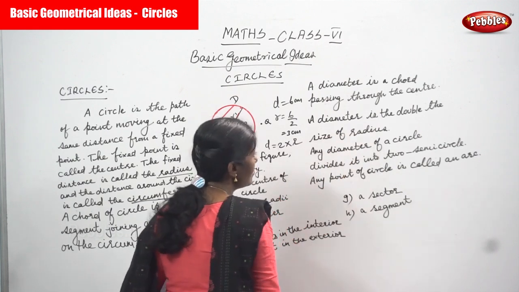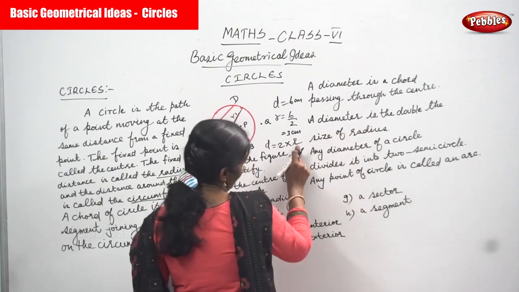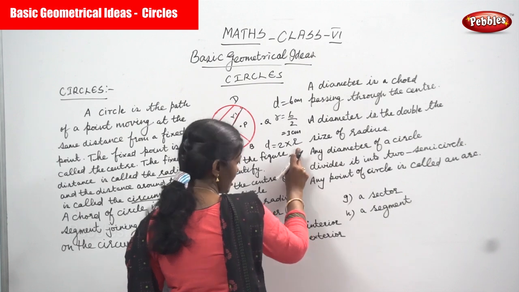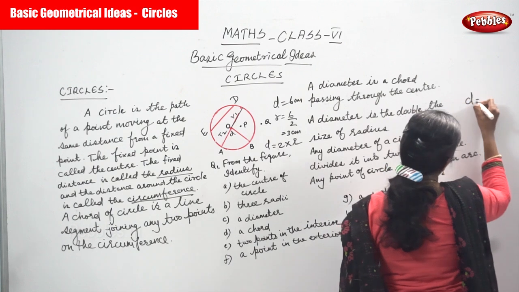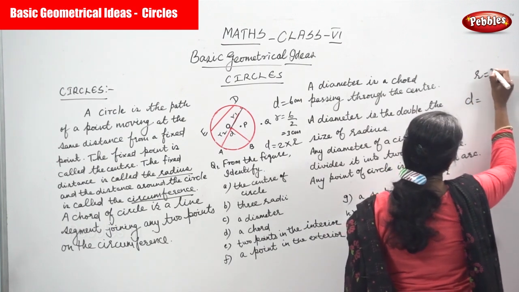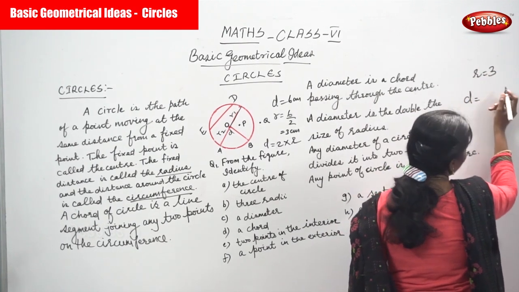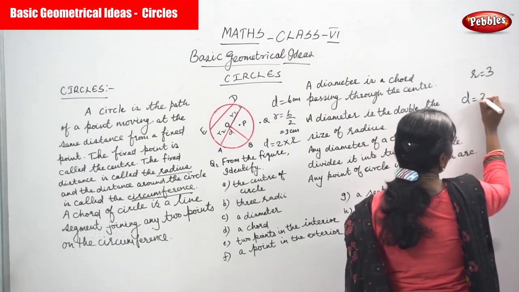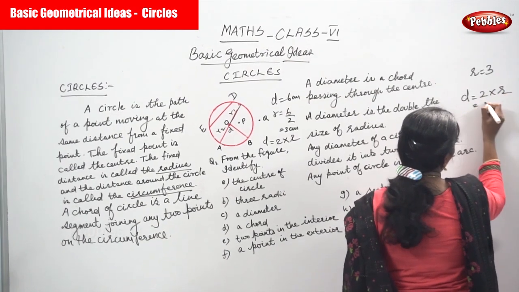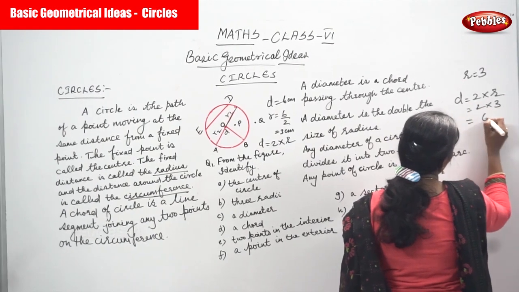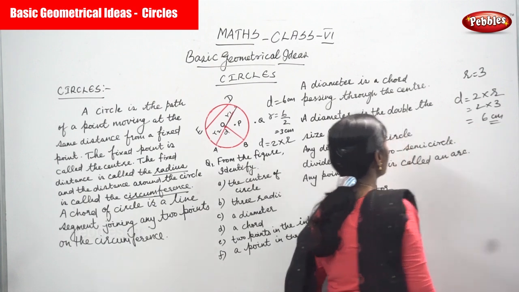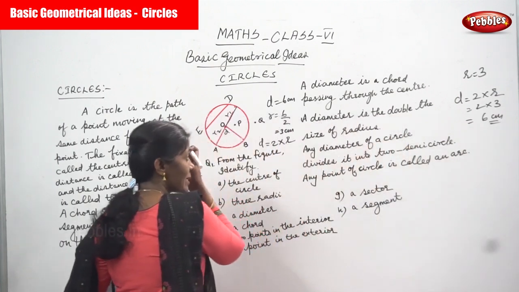Substitute R equal to 3. So diameter is double the size of the radius: 2 into 3 gives 6 centimeters. A diameter is double the size of the radius.